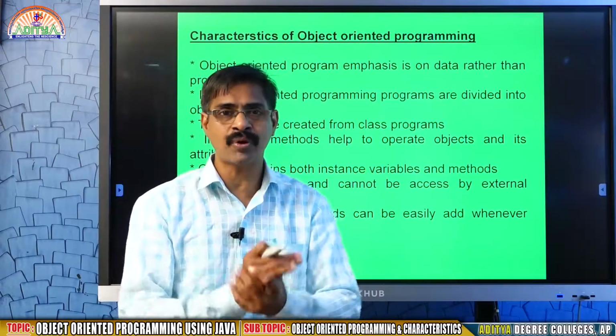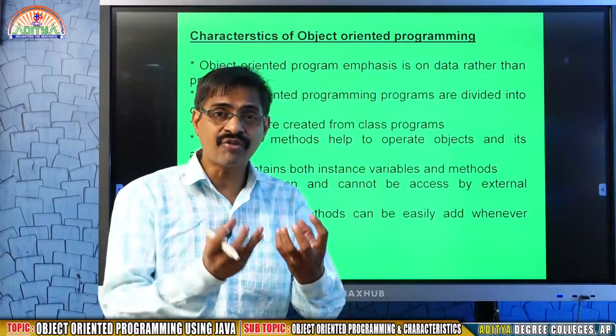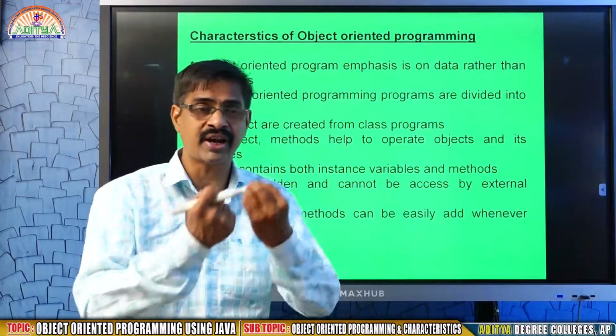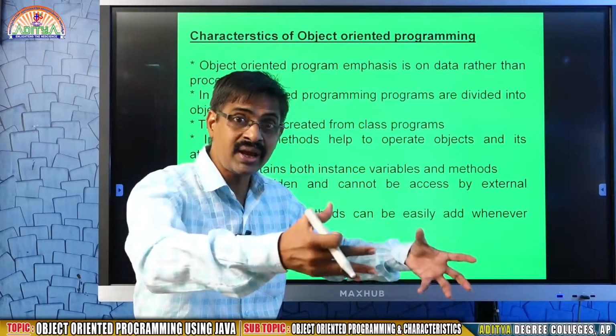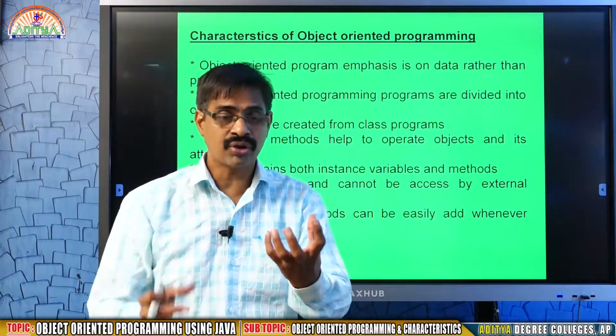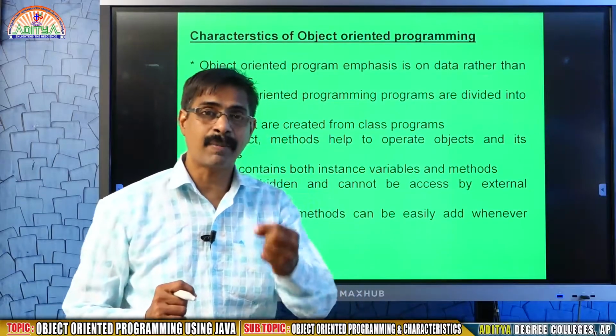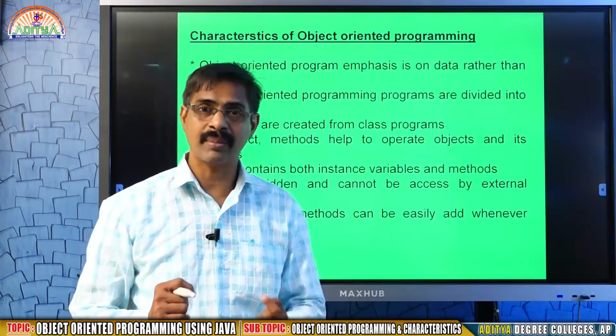Without knowing what object-oriented programming is, how will you know? Once again I am telling you, instead of creating variables individually and functions individually, variables and functions are created in an object, so that everything is combined in an object. That is the importance of object-oriented programming.